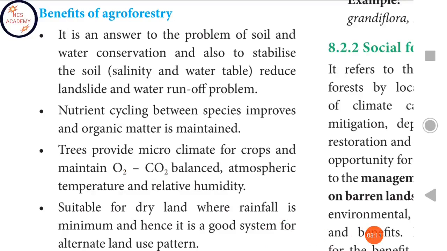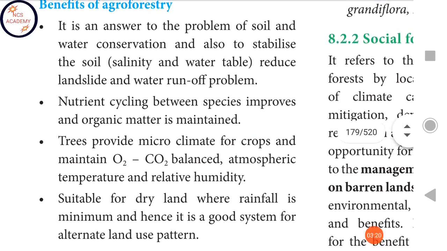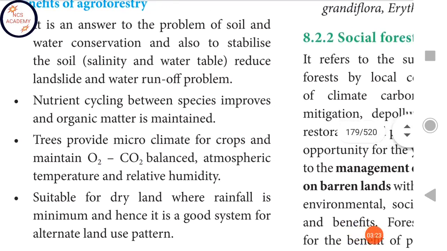How do forests help in maintaining the climate? Nutrient cycling between species improves and organic matter is maintained. Likewise, trees provide microclimate for crops and maintain the oxygen and carbon dioxide balance, atmospheric temperature and relative humidity.